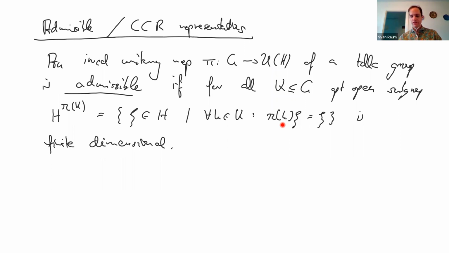If this is uniformly of finite dimension, then I have a certain matrix algebra part, and for the rest a commutative ring. So suddenly tools from algebraic geometry become available. That's the reason why this notion is important. And the same reason applies for unitary representations and for general totally disconnected groups. As soon as I know that something is admissible, I have a good chance to use finer tools to study these representations.